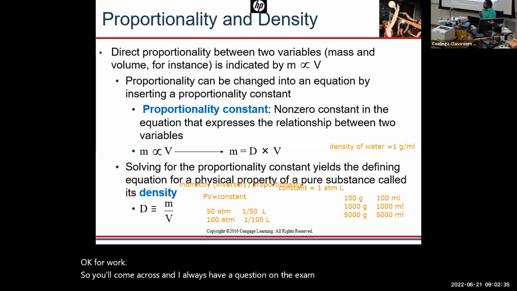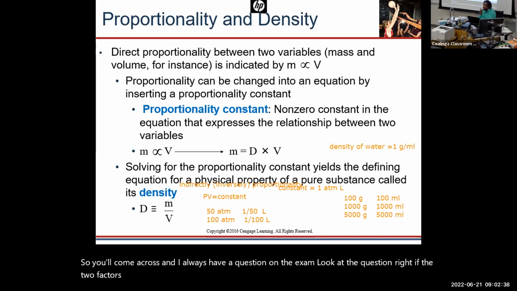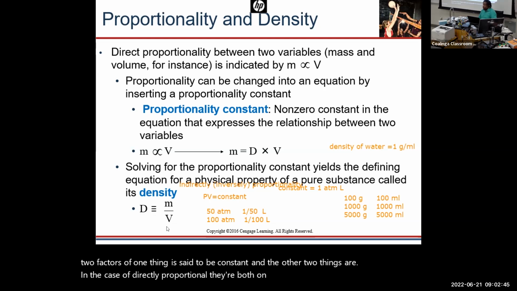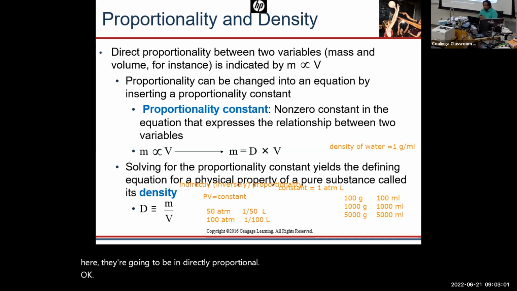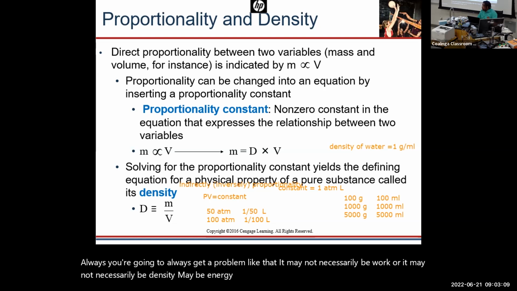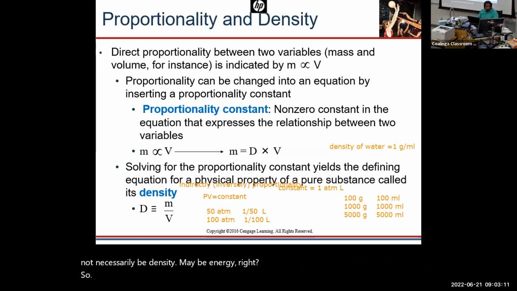Look at the question: if one thing is said to be constant, and the other two factors are on the same side, one over the other, then they're directly proportional. If they're next to each other, like P times V here, they're indirectly proportional. You're always going to get a problem like that. It may not necessarily be work or density; it may be energy. So pay attention to that.